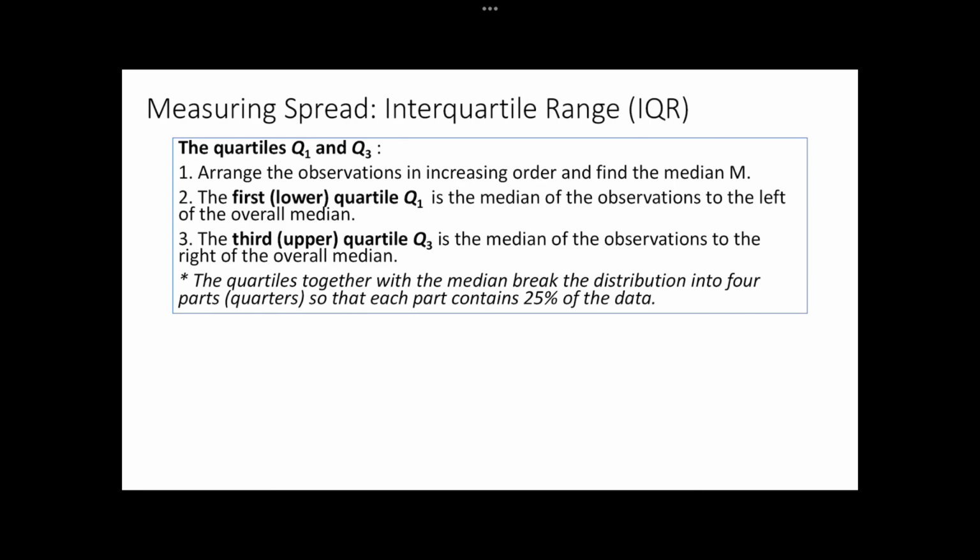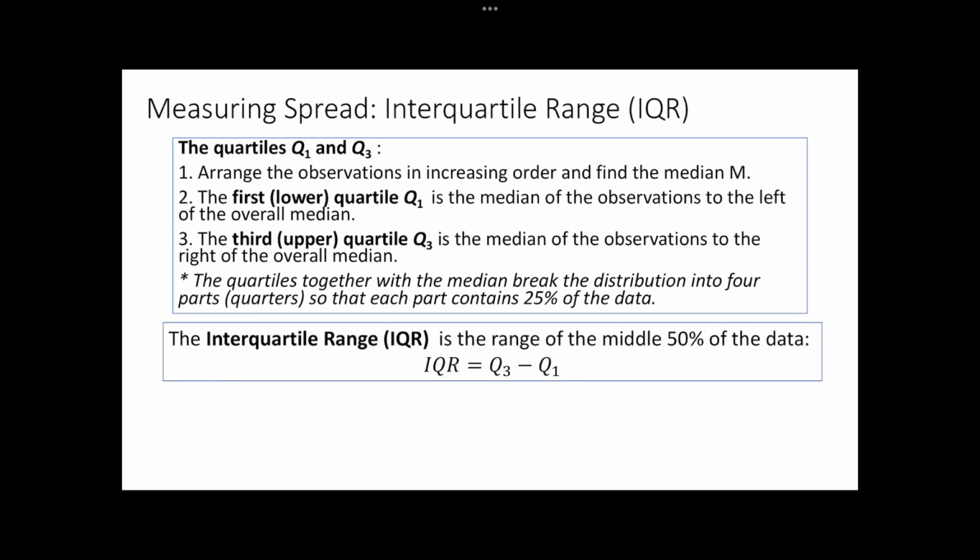So to do that, we're going to first arrange our observations in increasing order and find our median. Remember, that's the value in the middle. Then we're going to take those 2 halves on either side of the median and find the median of each of those halves. The lower quartile, or the first quartile, is the median of the lower half, the observations to the left of the median, while the third quartile is the median of the observations to the right of the median.